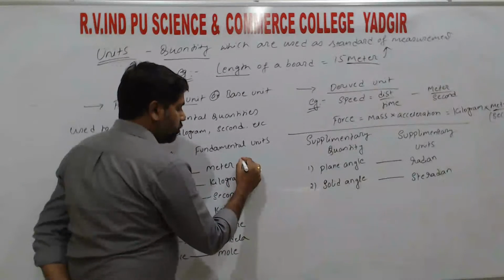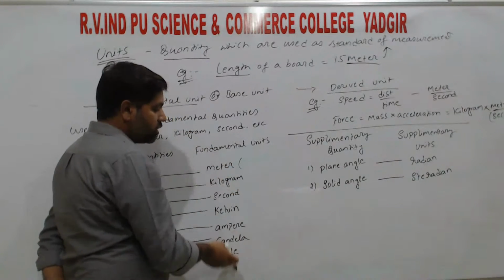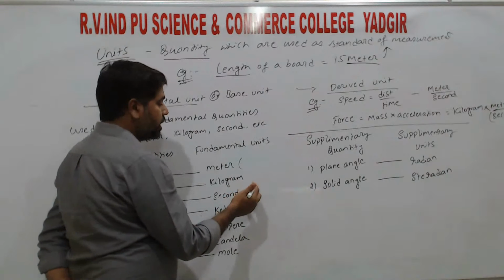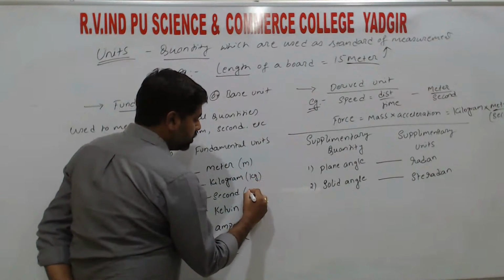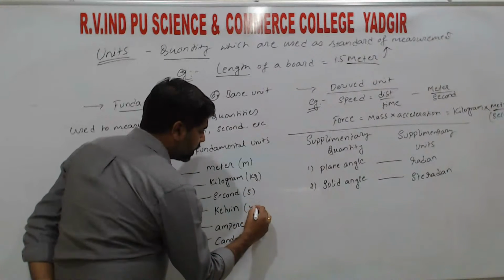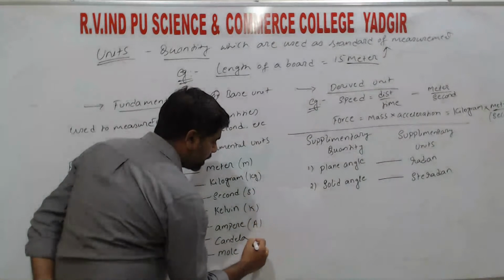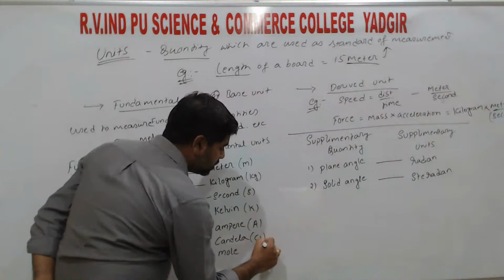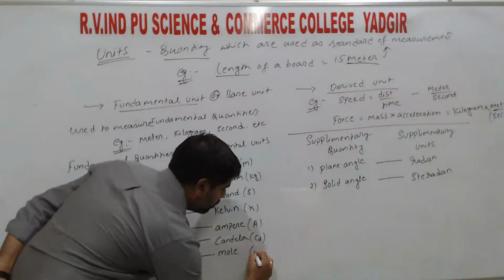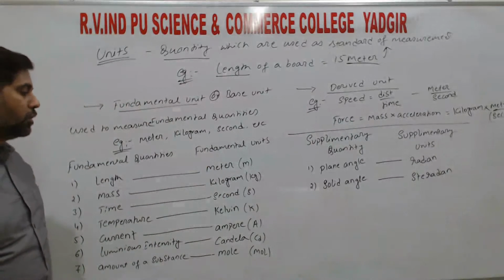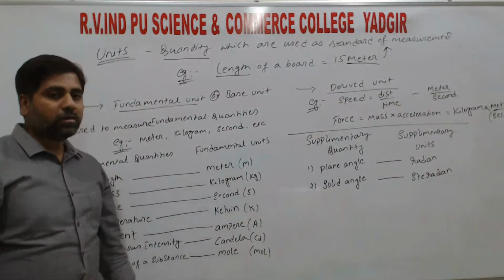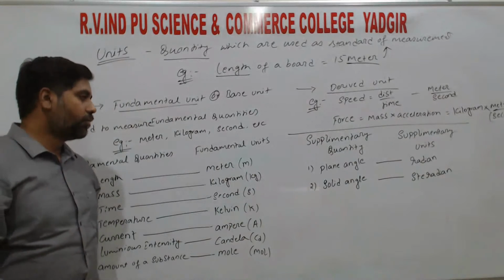So these are represented in words, right? So single letters represent: small m, kg, second, Kelvin, ampere capital A, candela that is cd, and mole mol, right? So words ಅಲ್ಲಿ represent ಮಾಡ್ಕೊಂಡ್ರೆ ಈ ತರ ನಾವು represent ಮಾಡ್ತೀವಿ.